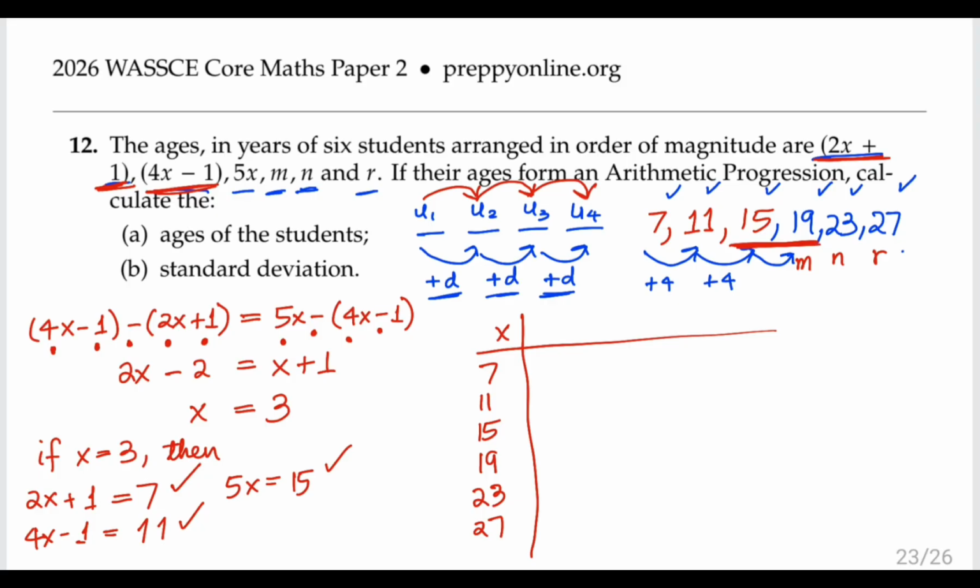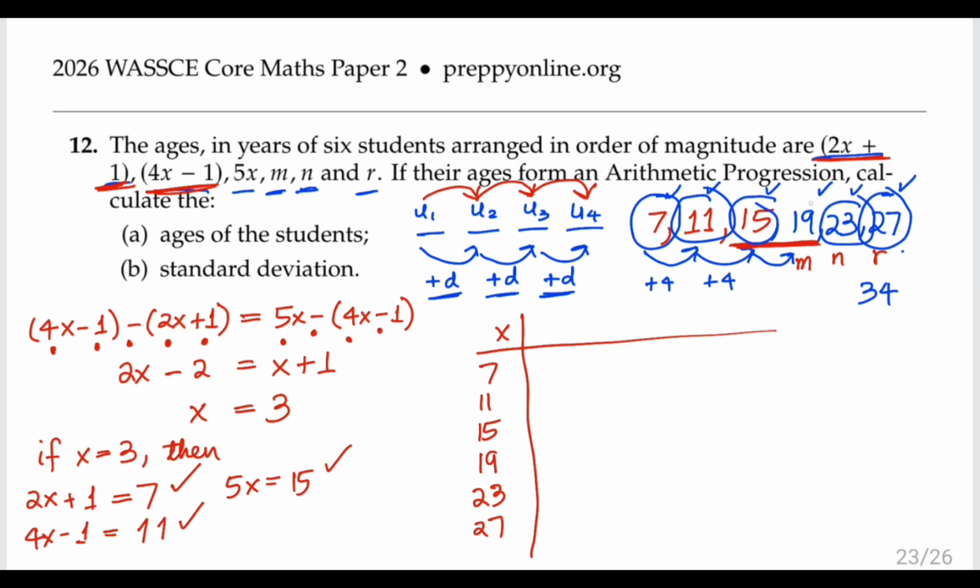If you also know how to find the sum of an arithmetic progression, you can use that. In an arithmetic progression, you can always pair the numbers. So you can add this to this, 7 plus 27. What does that give us? It gives us 34. That means that this 11 plus 23 will also give us 34.